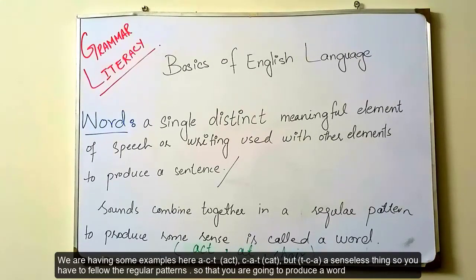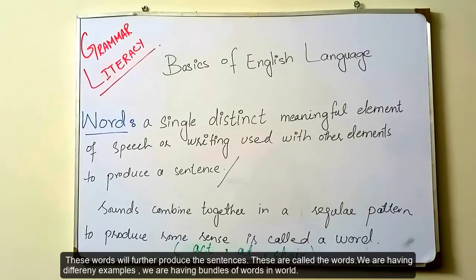But if I put the t sound in the beginning, the k sound in the middle, and the a sound in the end, what will it produce? It is a senseless thing. So regular patterns have to be followed. You have to follow certain regular patterns so that you produce words, and those words produce sentences. These are called words.